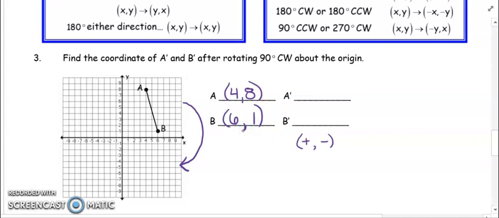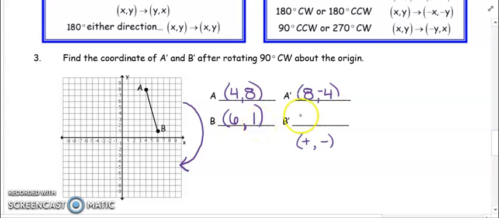Since I'm doing a 90-degree rotation, I've got to switch the x and the y coordinate. So instead of (4, 8), it now becomes (8, 4). My x coordinate has to be positive, my y coordinate has to be negative, which is why A prime is (8, -4). For B, again, I switched the coordinates.